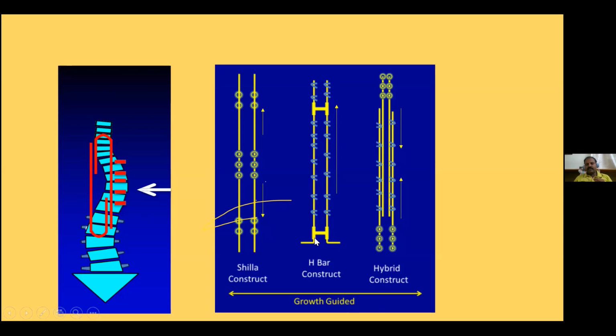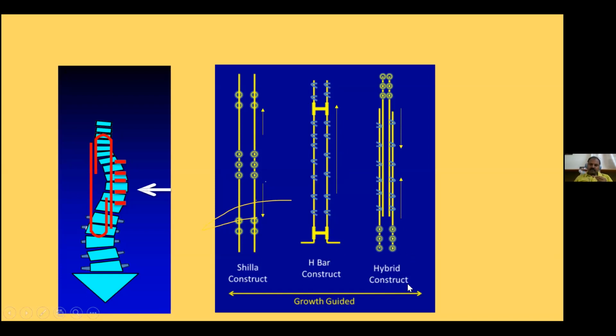Then you fuse this base and tower it up with two rods connected with the connector, and this connector can actually slide. Through the lamina you pass the wires, and then you connect at all the levels uniformly, so that the growth occurs like this. And as the growth occurs, this H progresses out and then it falls out sometimes. So that is another technique. I'll show you some cases of that.